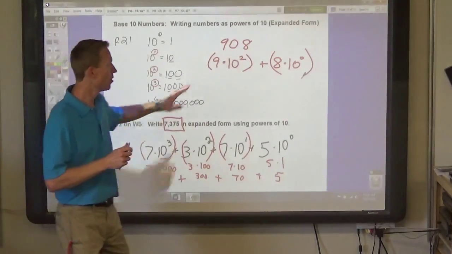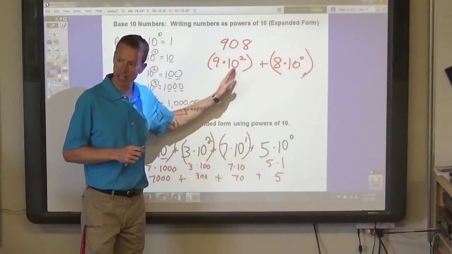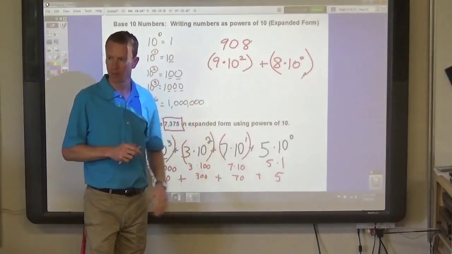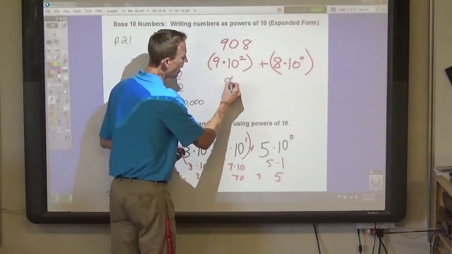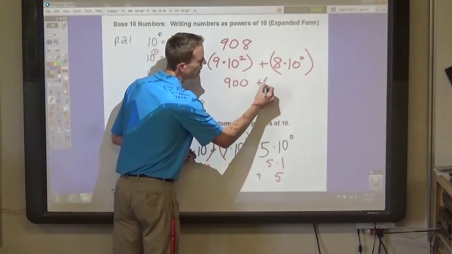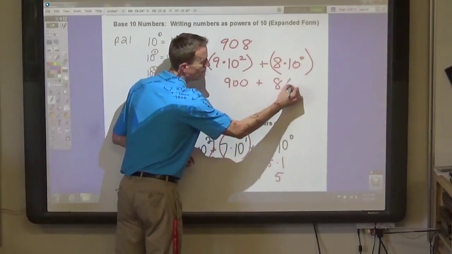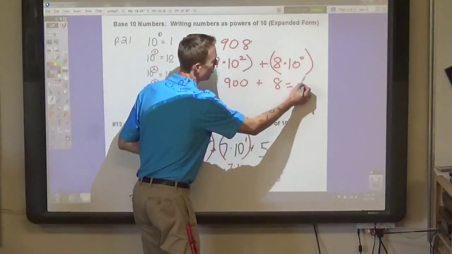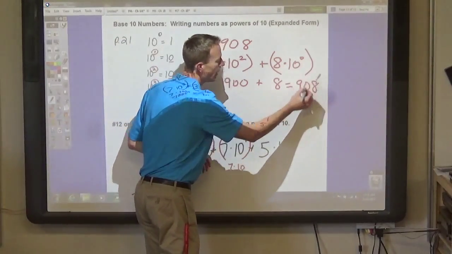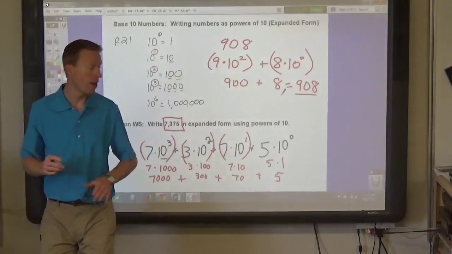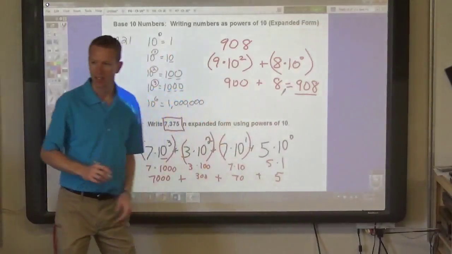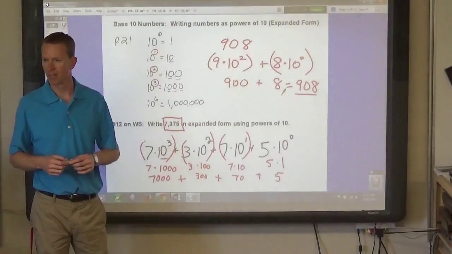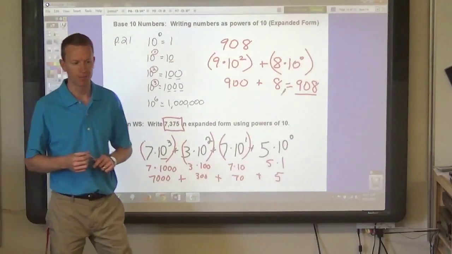So you don't have to write that in order to get this number, right? Because if you just add 900 plus 8, what do you get? 908. Yep. As long as you get this number as your answer when you add these, that is expanded form. That's all you need to write for expanded form.